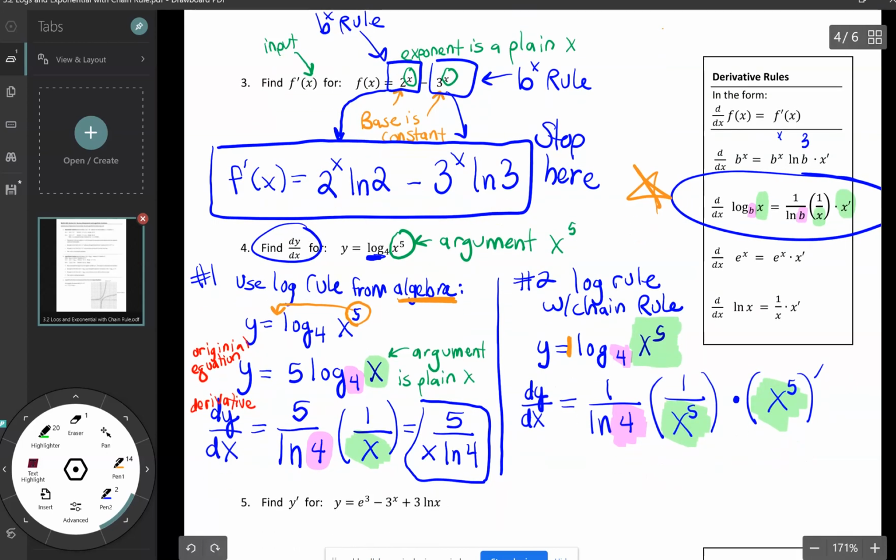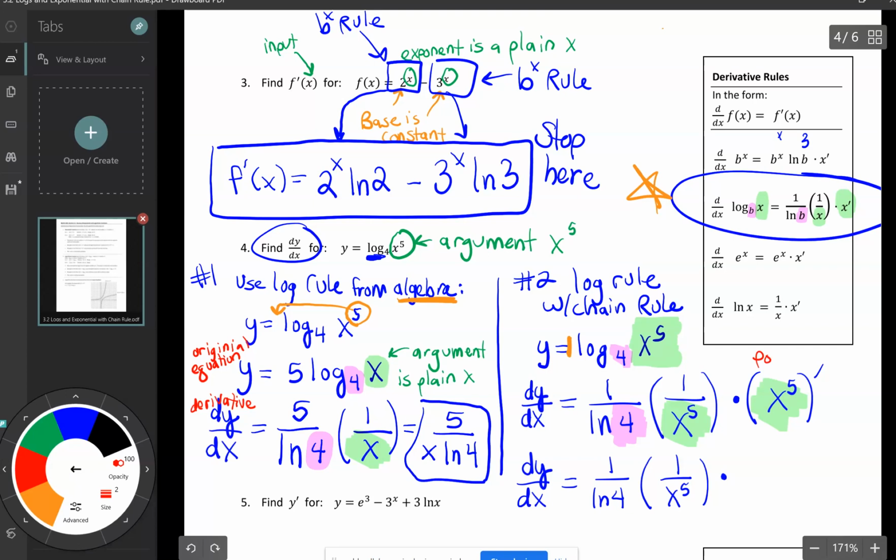Okay, so now algebra time. So dy over dx equals 1 over natural log of 4 times 1 over the argument times, I'm just going to do power rule over here, power rule. So that would be 5x to the 4th. Okay, technically that 5x to the 4th is over a 1.